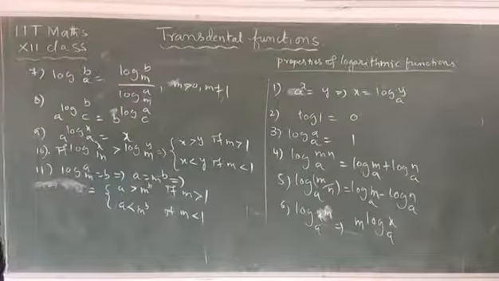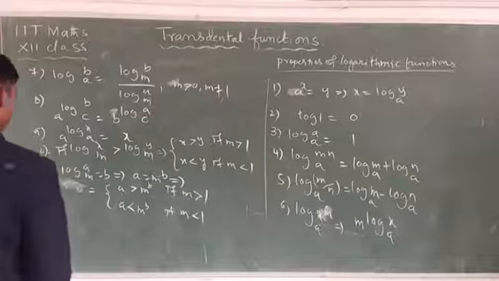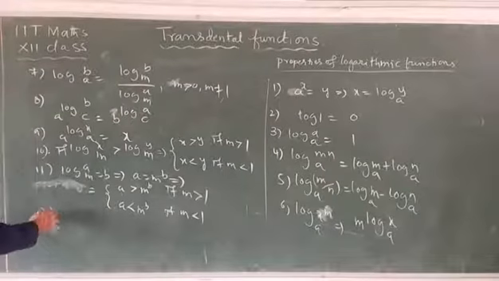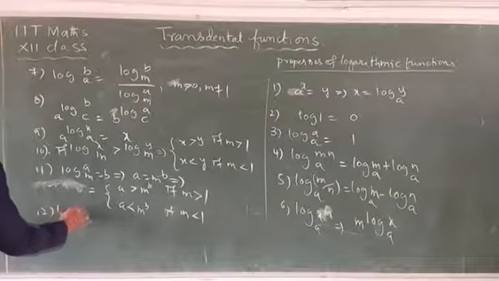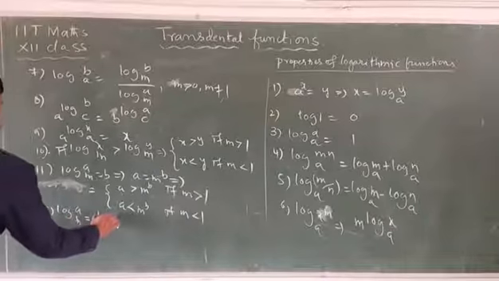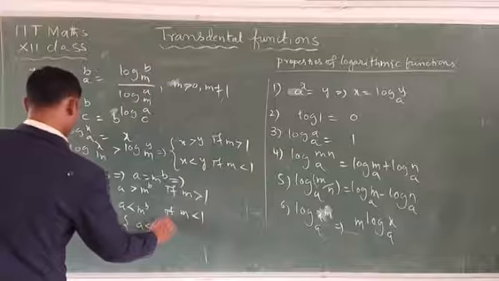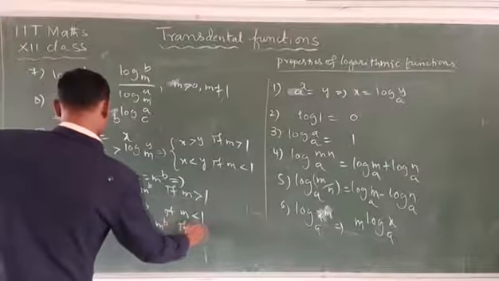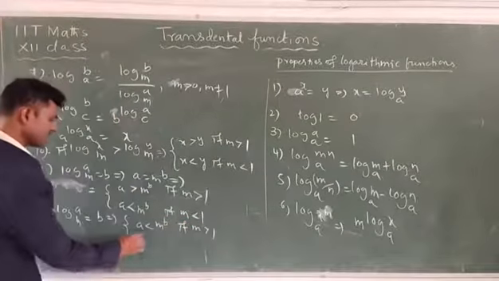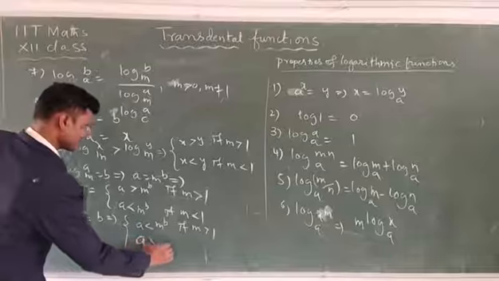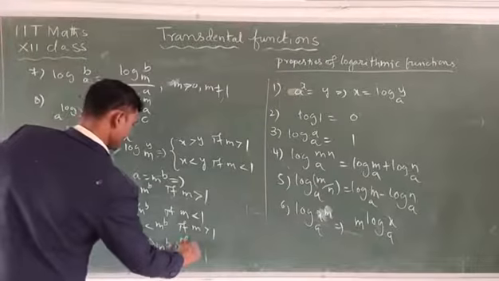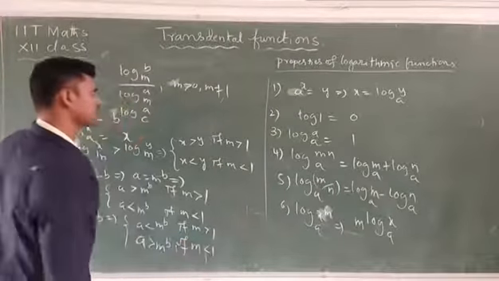Now the 12th one, log a base m less than b, then a is less than m power b if m is greater than 1, and a is greater than m power b if m is less than 1.